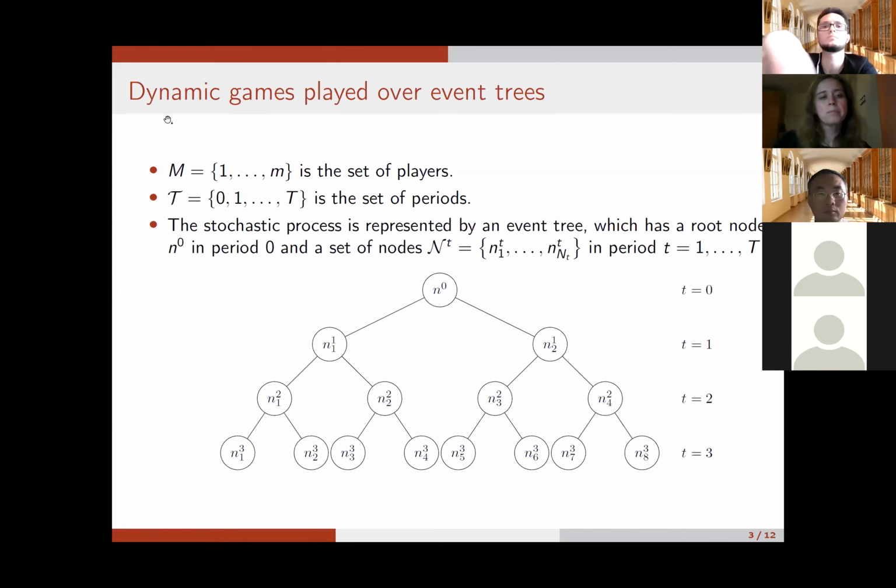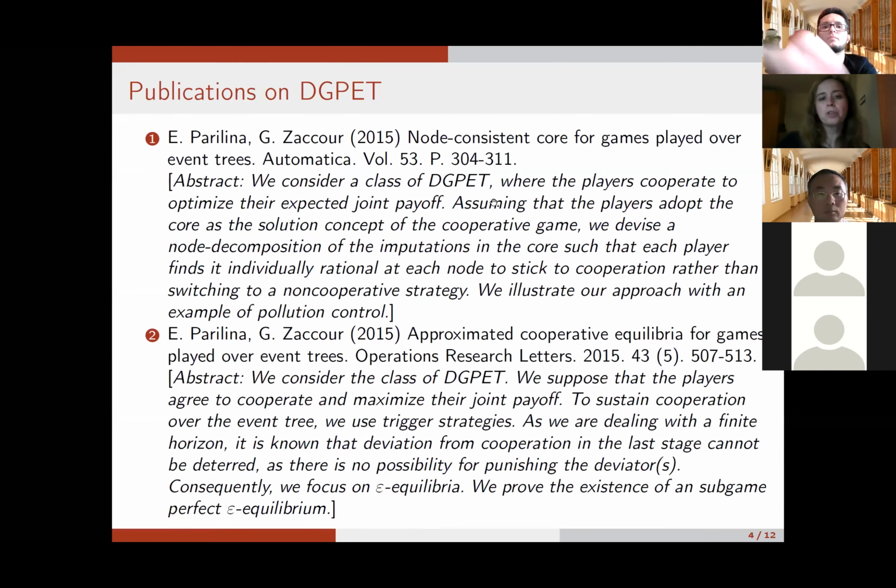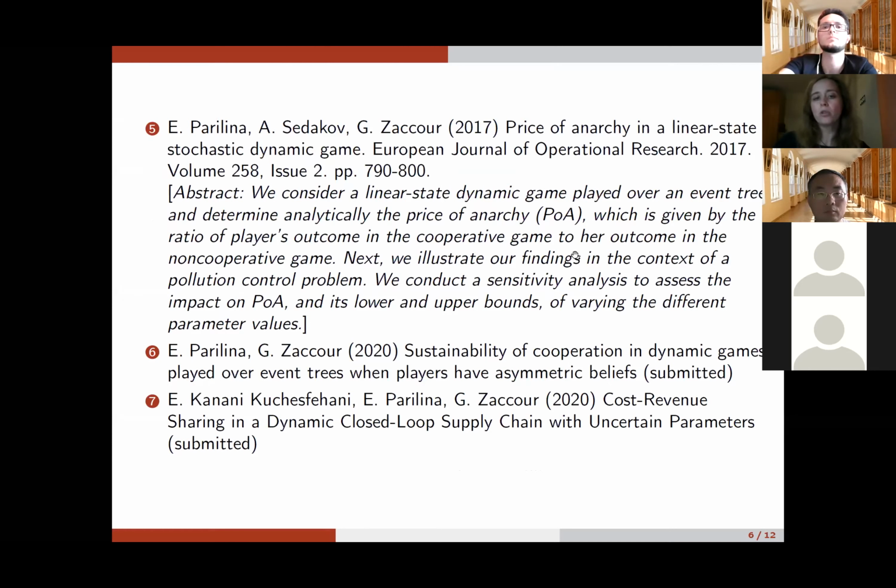The fourth publication is the course publication with Artem Sidakov and George Zakur. We consider simplified games. So we consider dynamic games with linear state dynamics. It is linear state in the payoff function and also in the dynamics. And for this simplified class of games, it is not linear quadratic, so it is much simpler to find the solution here in an explicit form.